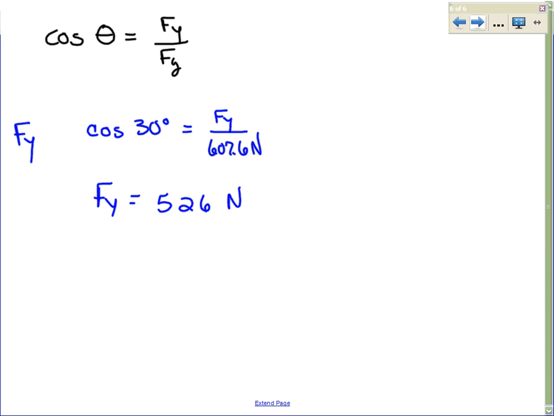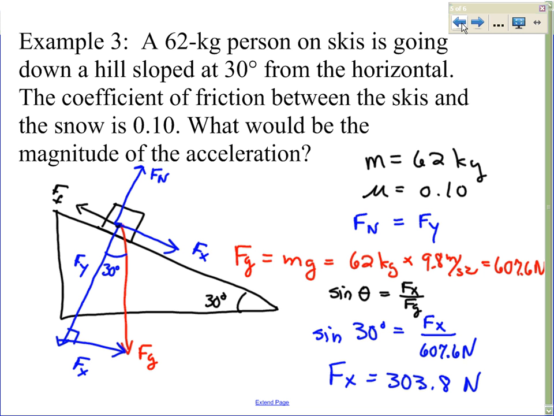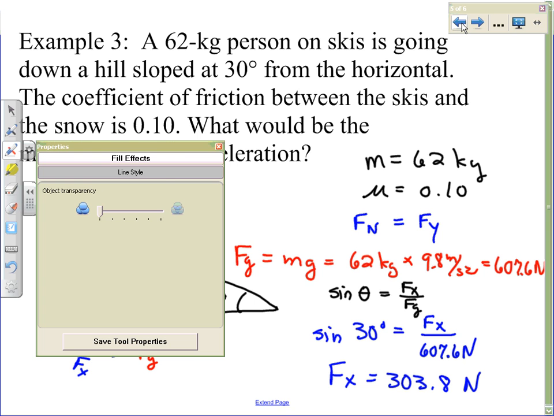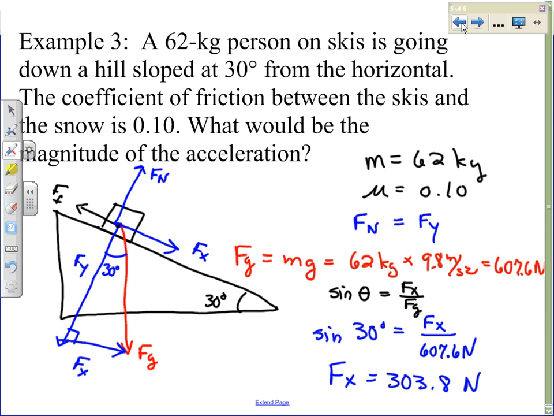Now the reason I wanted that is because when I look at my summation of forces on this inclined plane, I have F of x pulling down the incline, and we have friction holding it back.